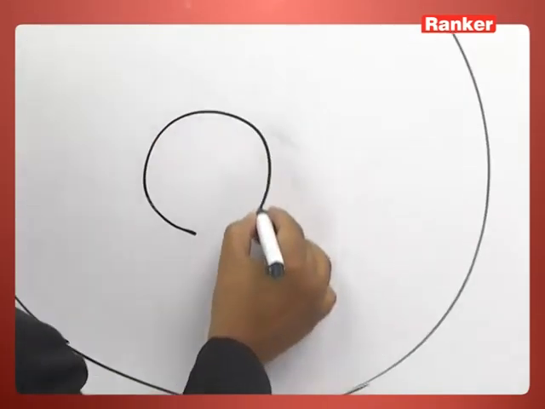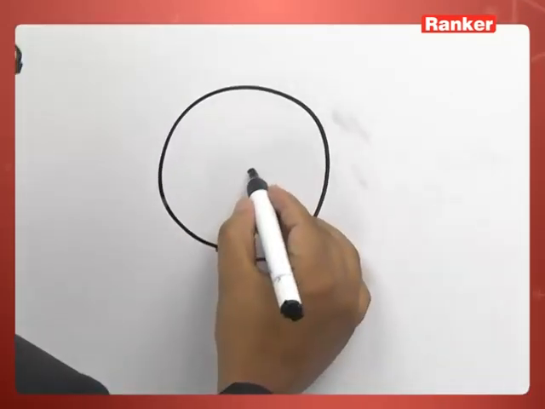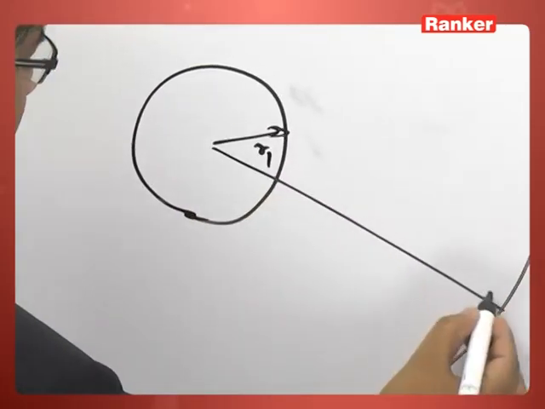So, we have two concentric spheres of radii r1 and r2.